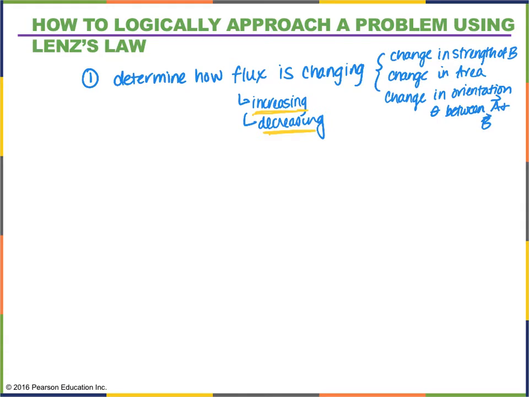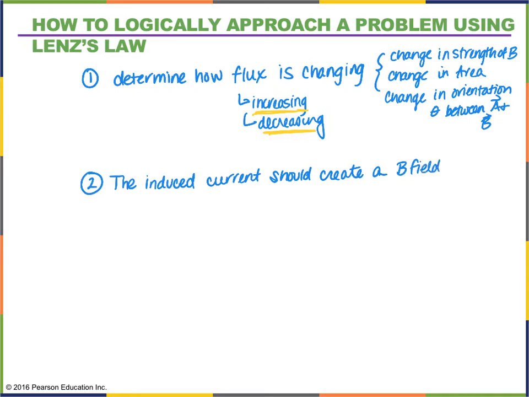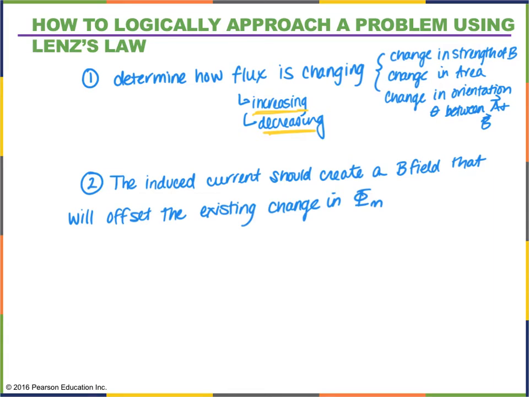Then what you want to do next is think about the induced current, which should create a magnetic field that's going to offset the existing change in the magnetic flux.